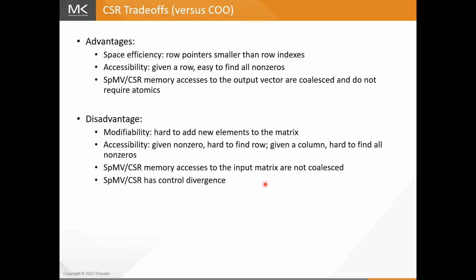So next time we're going to look at how we can solve the load imbalance problem and how we can solve the memory coalescing problem to improve performance. But the class is not over yet because I still want to do one more format, which is the compressed sparse column format, just because it's very related to the compressed sparse row. As a disclaimer, this format is not a good format for SpMV.